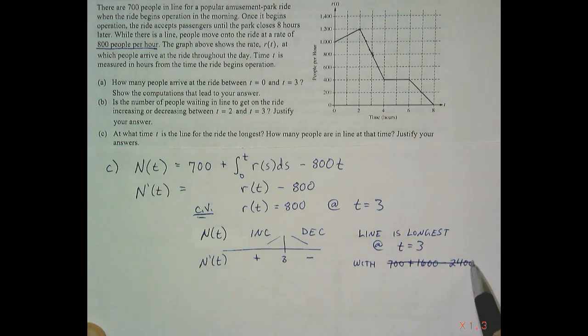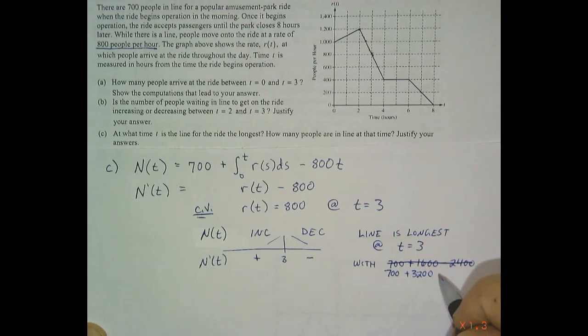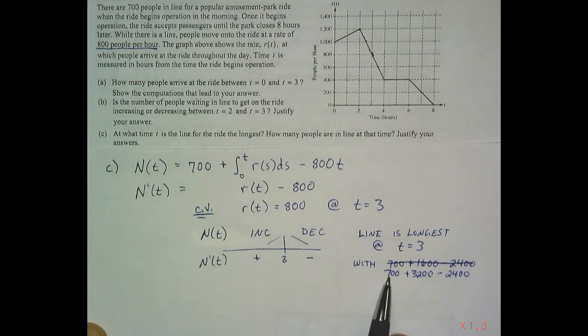Sorry, correction, 700 plus 3200 from part A minus 2400 people. So 700 plus 3200 minus 2400 equals 1300 people in line.